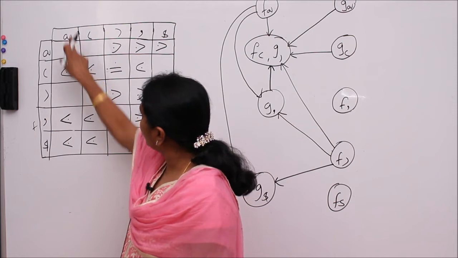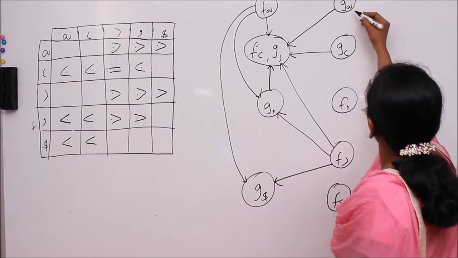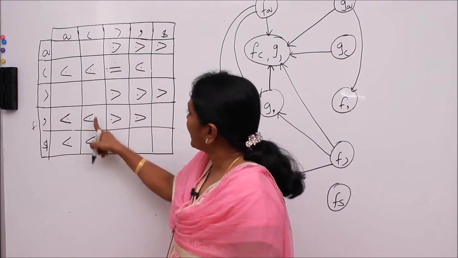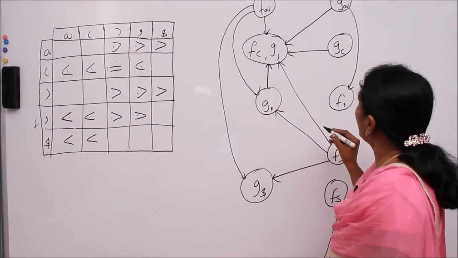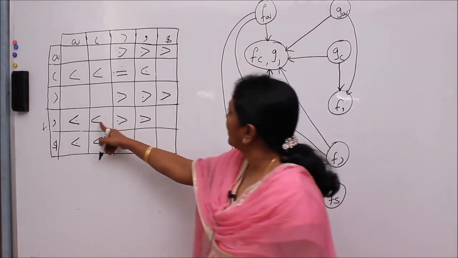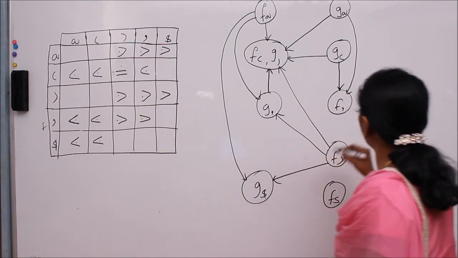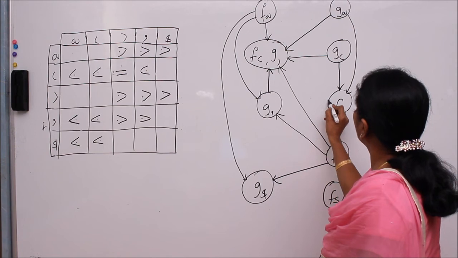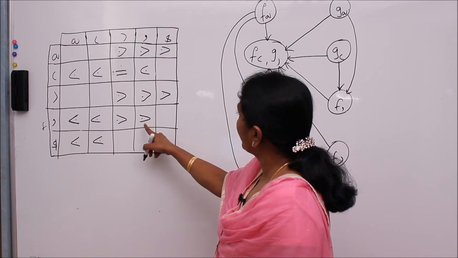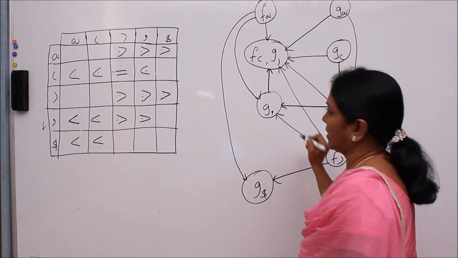So it should be g a to f comma, and g left parenthesis to f comma. Coming to this, f comma to g right parenthesis, then f comma to g comma.